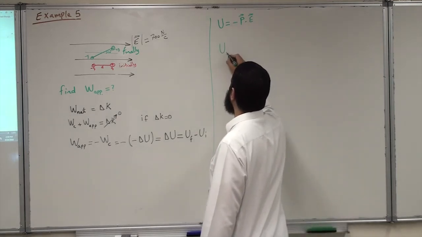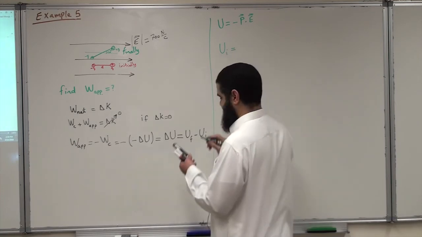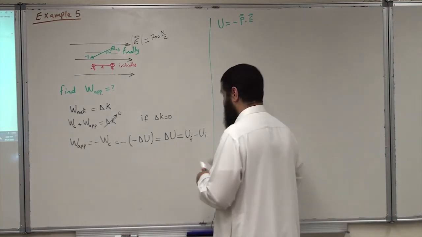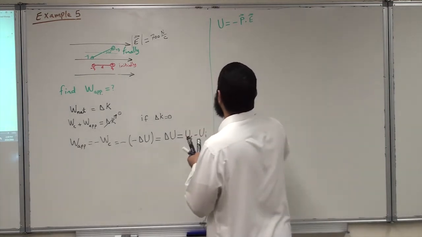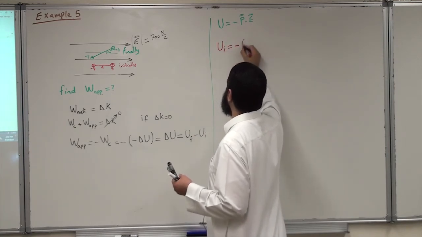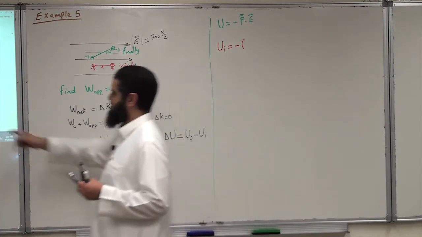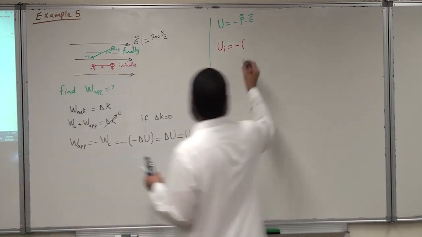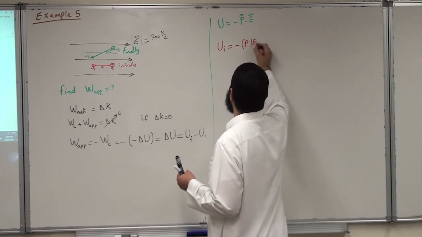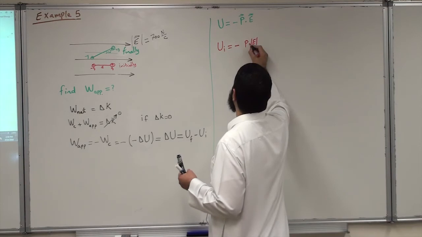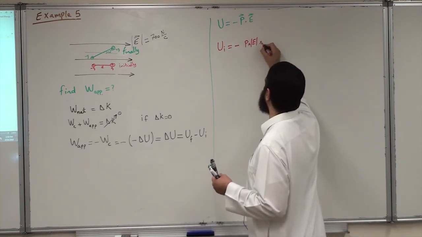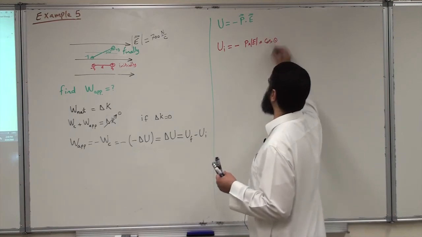So U initial equals how much? I have drawn U initial in red. For the initial situation, U initial equals minus P times E, the magnitude of the electric field, multiplied by cosine of the angle between them. But initially, the angle between them is 0.